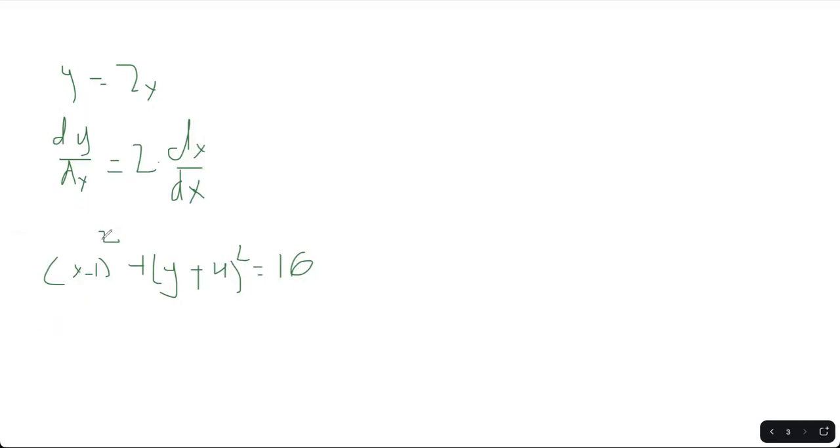The derivative of (x minus 1) squared gives you 2 times (x minus 1), and then chain rule, but the coefficient of x is just 1, so we don't really need to apply it. This is times dx/dx, but that's just times 1, so I won't write that here. Then we bring down the 2, and you have (y plus 4). Again, chain rule, the coefficient of y is just 1, so we don't have to do anything about it.